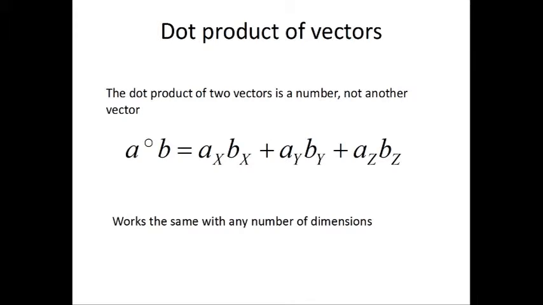It doesn't matter how many dimensions each vector is in. They have to be of the same number of dimensions. But in either case, you're always going to end up with a result that's a single number. So this is a way to quantify the relationship between vectors in a specific way, which we can use in a lot of different calculations and operations.